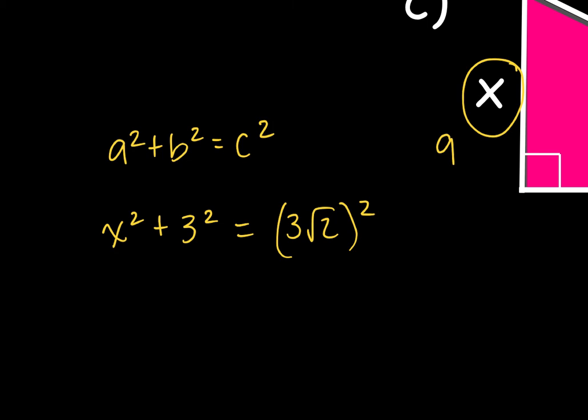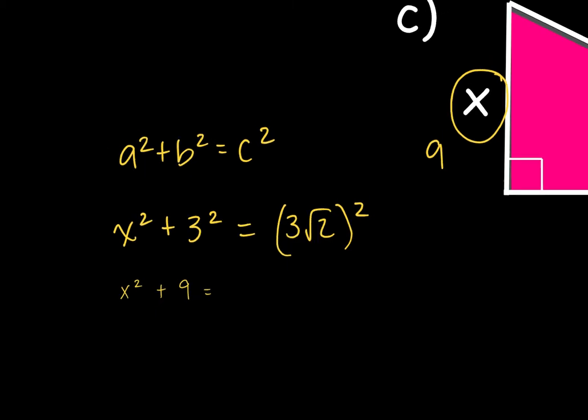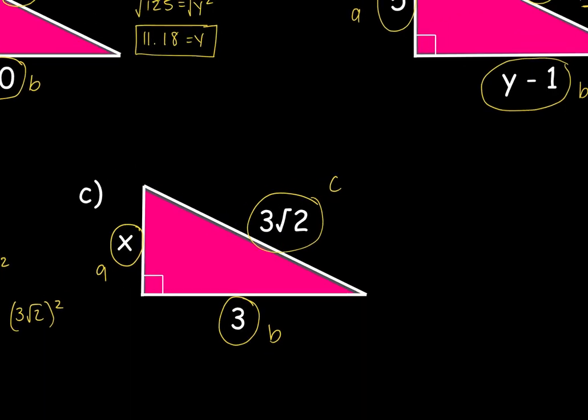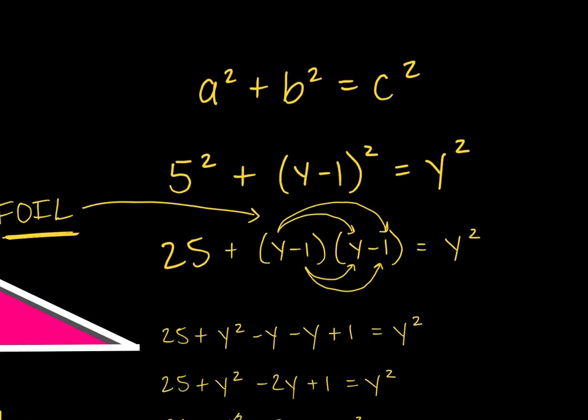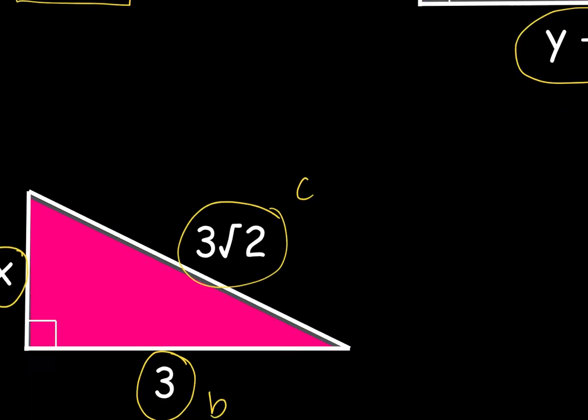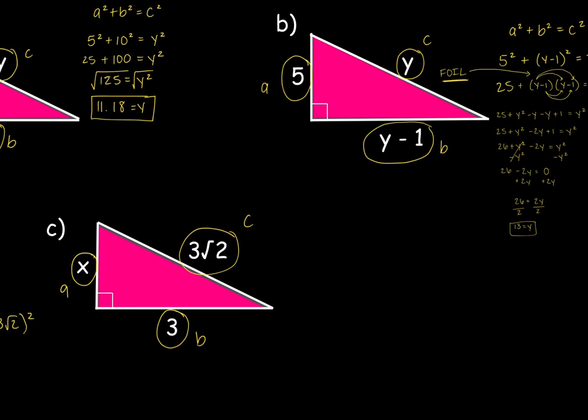Okay, so now let's simplify the number portions. X squared is going to stay the same, plus what's 3 squared? 9, equals, now this squared. How is this term 3 root 2 different than y minus 1 squared? What's the difference there? Think about how we're going to treat 3 times the square root of 2 and y minus 1.